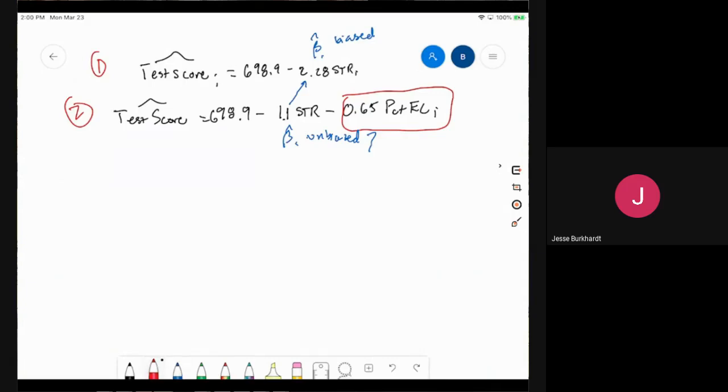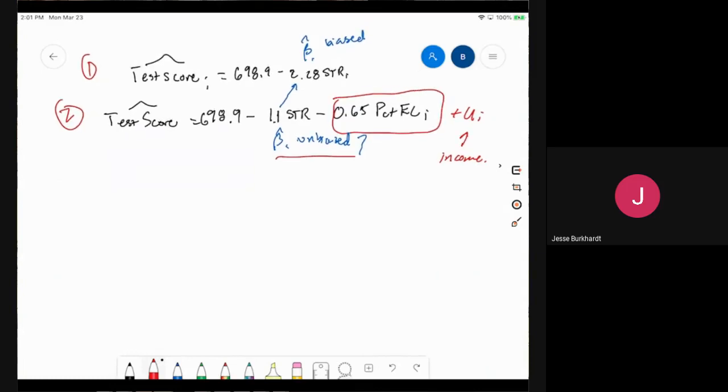We don't write it because we're dealing with a sample regression, but there is an error term here. There's still stuff included in this error term, like average district income, etc. So this coefficient beta 1 hat is probably still somewhat biased, but it's less biased than it was in equation 1. We haven't established a causal relationship, but we've gotten closer to estimating an unbiased coefficient.